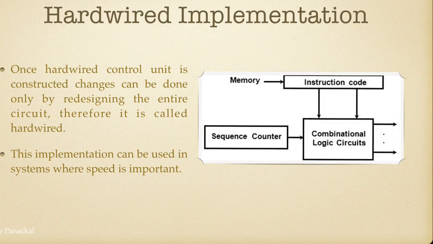This implementation can be used in systems where speed is important, because this is hardwired and we have direct connections, and based on the inputs, it will produce control signals.